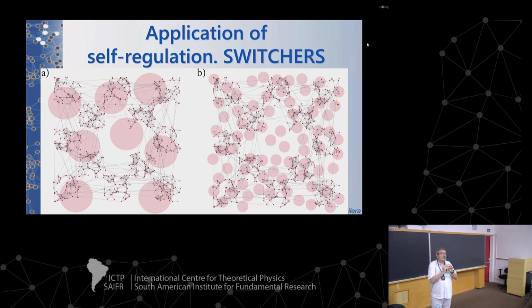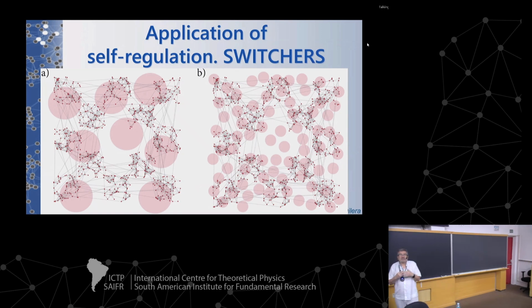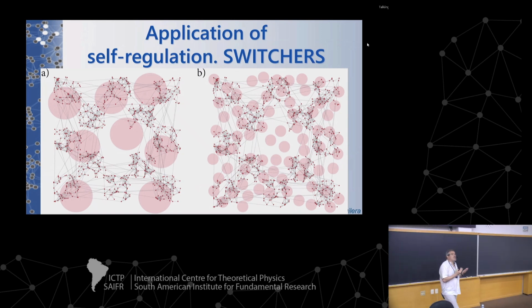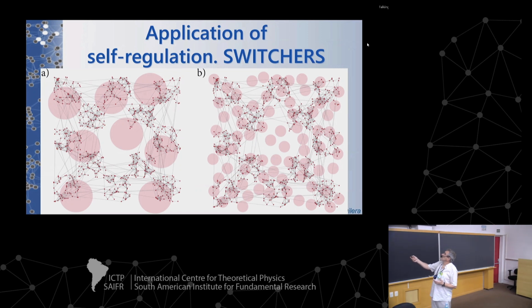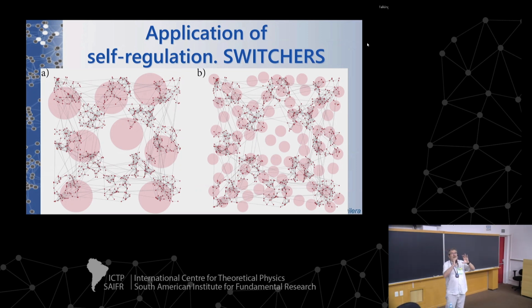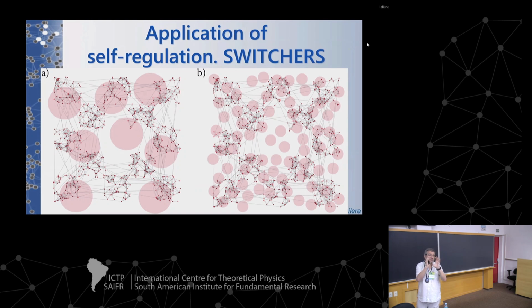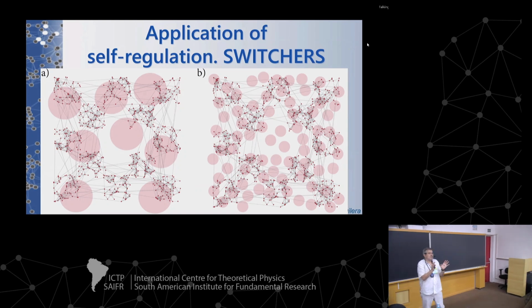I will use the word switchers, which for me has a clearer physical interpretation. So we put some switchers here in the two-dimensional plane. A switcher has some radius of action, and all the communication that the switcher detects in this radius can be managed.